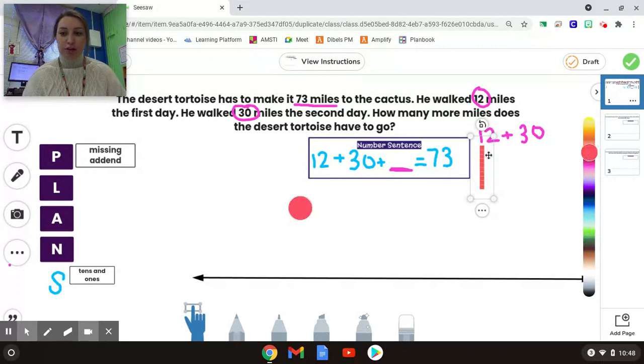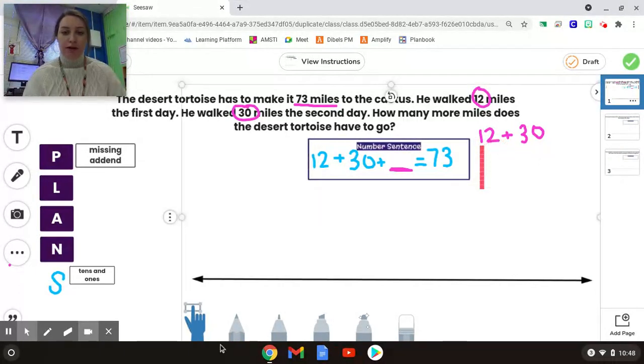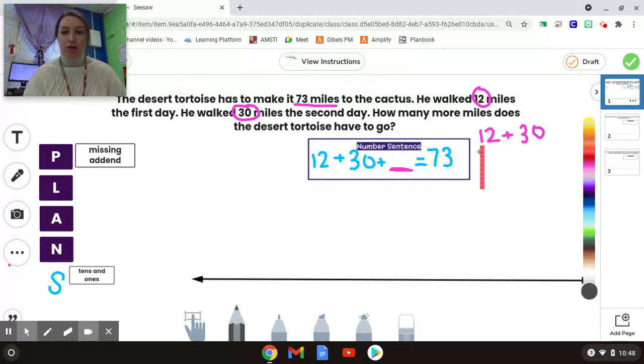I'll just draw the units. 1, 2. And then I need 3 sticks of 10 for 30.